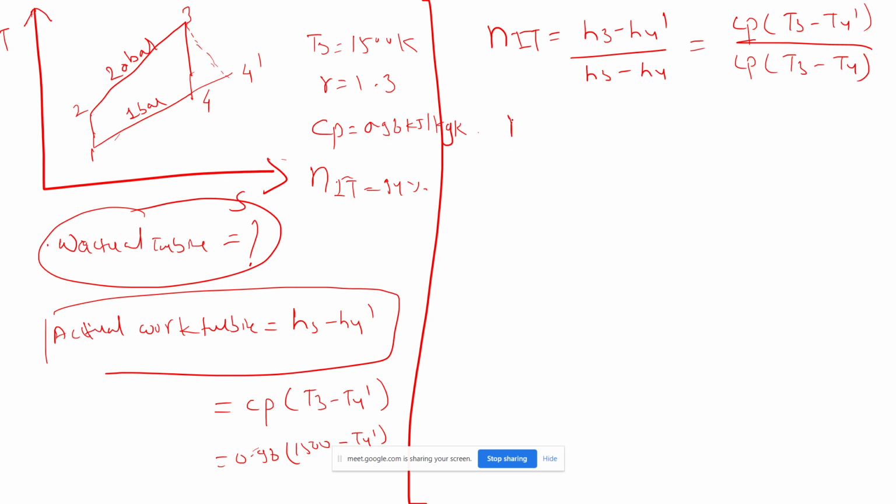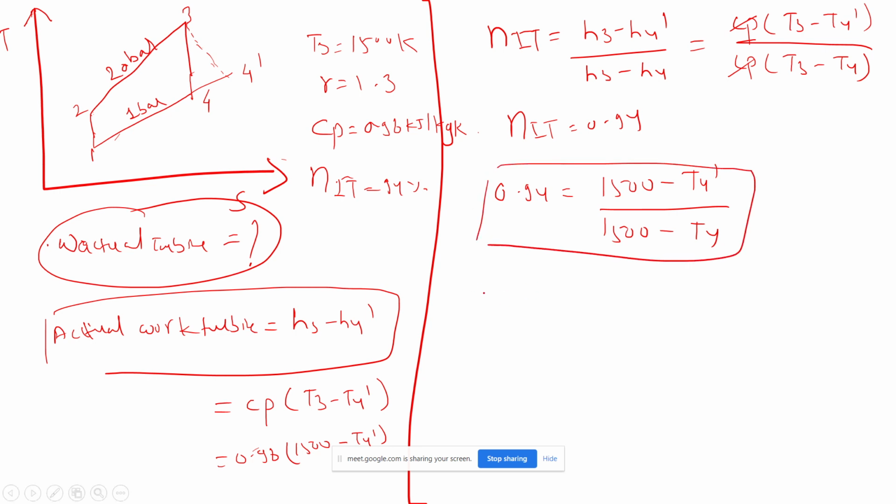The efficiency is 94%, which can be written as 0.94. Cp will cancel out. So 0.94 is equal to 1500 Kelvin minus T4 dash, upon T3 minus T4. So first we have to determine T4, and putting the T4 value here, we can find T4 dash.